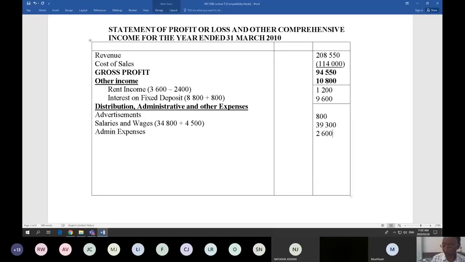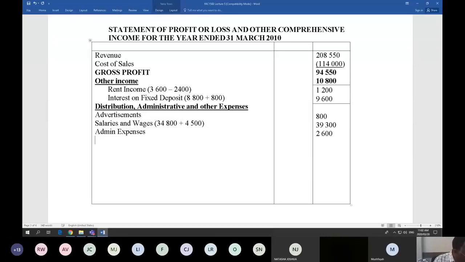Remember there was no adjustment with admin expenses. Our next expense is repairs and maintenance. No adjustment involved. The trial balance says repairs and maintenance is 3,600 rand.